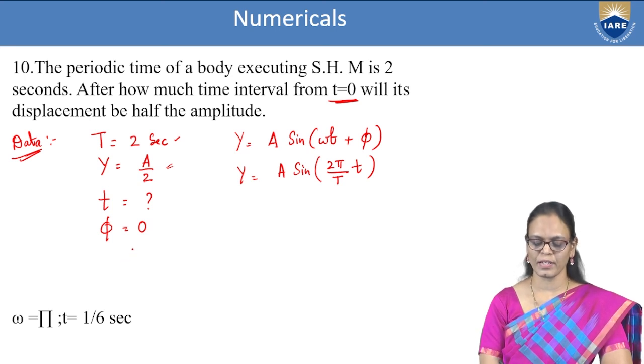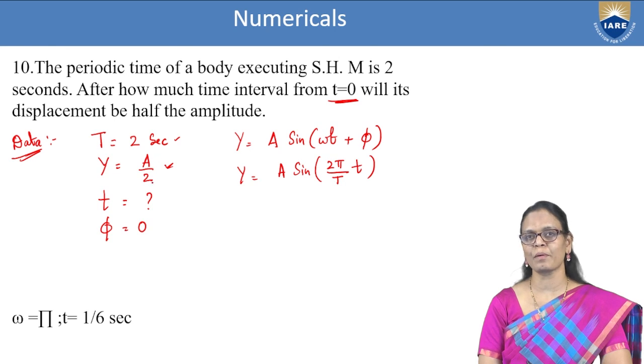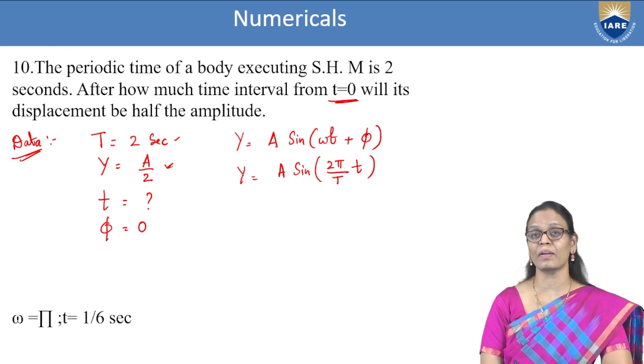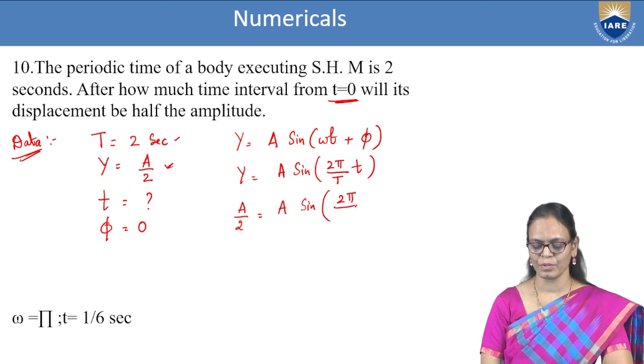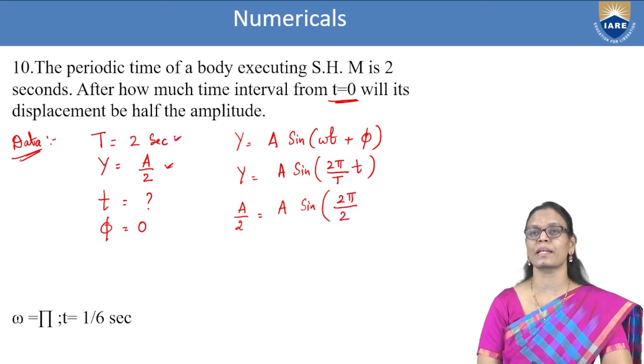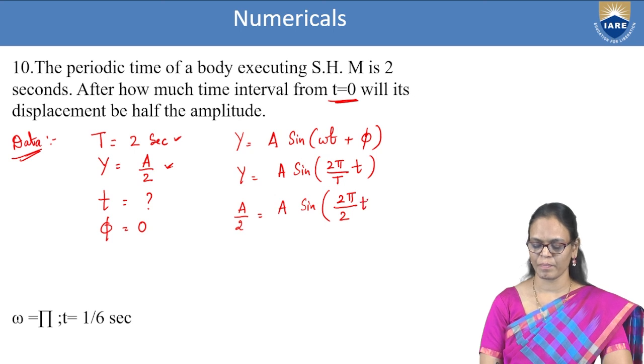So what they are asking here is, at what time the displacement will become half the amplitude. So for y, I will substitute A by 2. A by 2 is equal to A sine 2 pi by 2, time period is given as 2 seconds, into t. 2 will get cancelled, A and A will get cancelled.